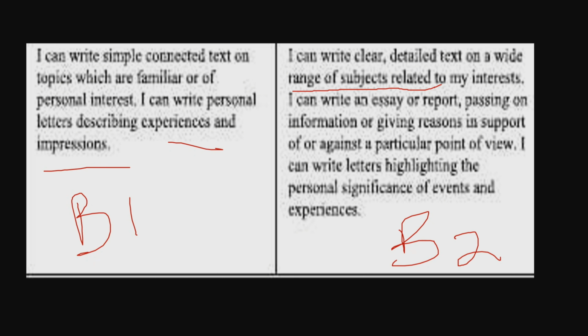I can write letters highlighting the personal significance of events and experiences. So basically, when a person moves from level A1, A2 to level B1, B2, there is a remarkable difference. This person has a good command over his written expression and can express himself in a better way.